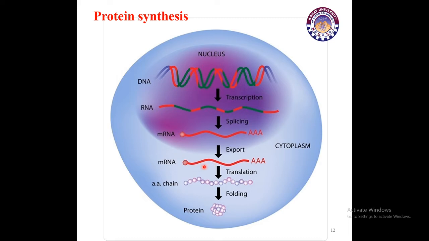The messenger RNA and ribosome subunits 50S and 30S join together to form the polypeptide chain. This step is known as translation.